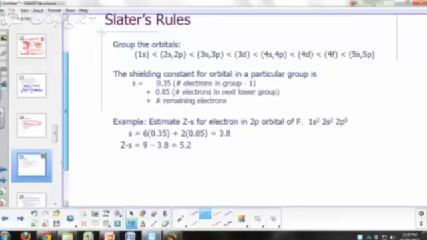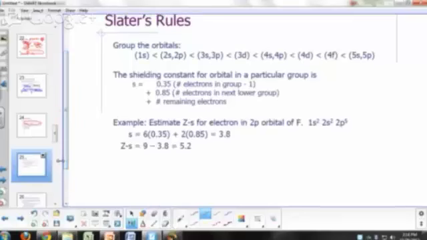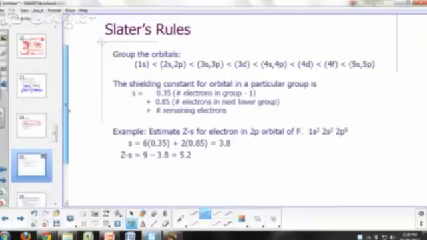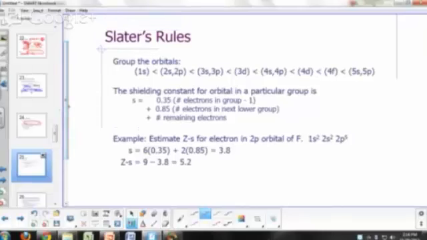And there are some rules that have been developed to get reasonable values for these zetas, these effective nuclear charges, and you can use what are known as Slater's rules. In Slater's rules, what you do is you group your orbitals.